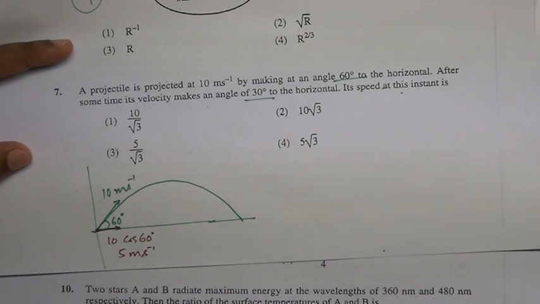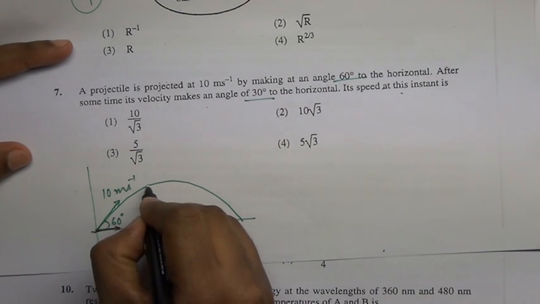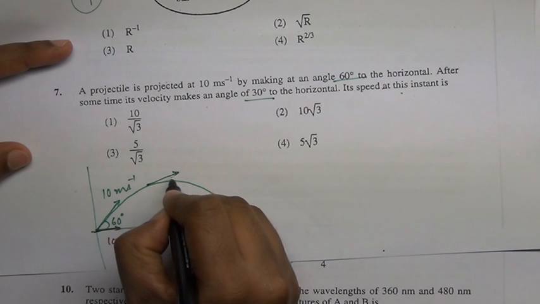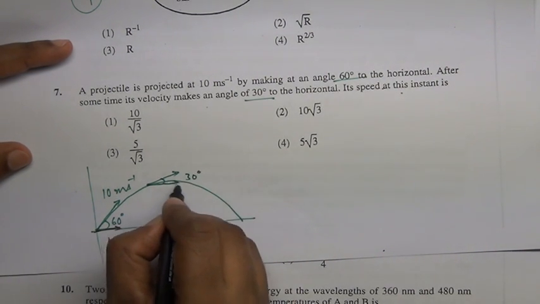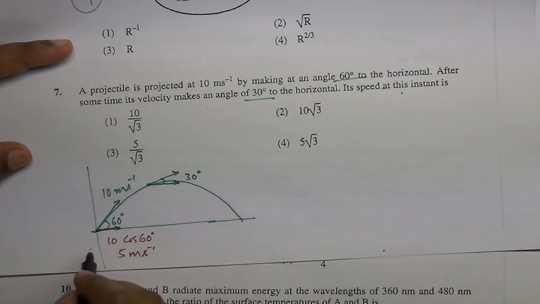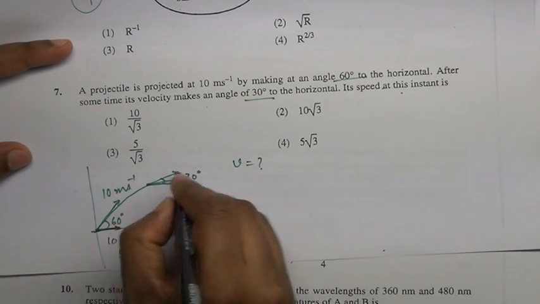Next, at some position, the direction of velocity makes an angle of 30 degree with respect to the horizontal. We have to find this velocity.